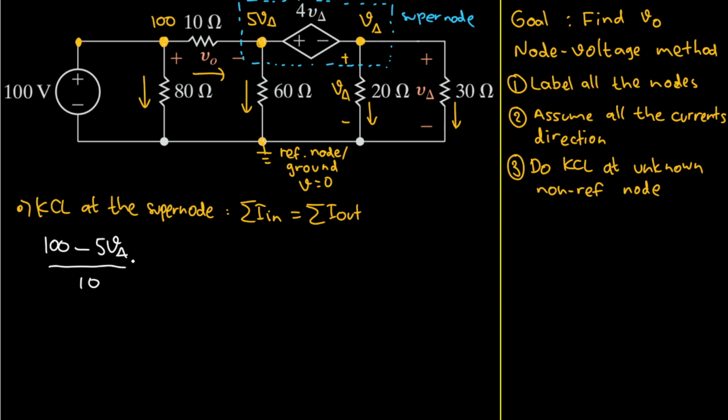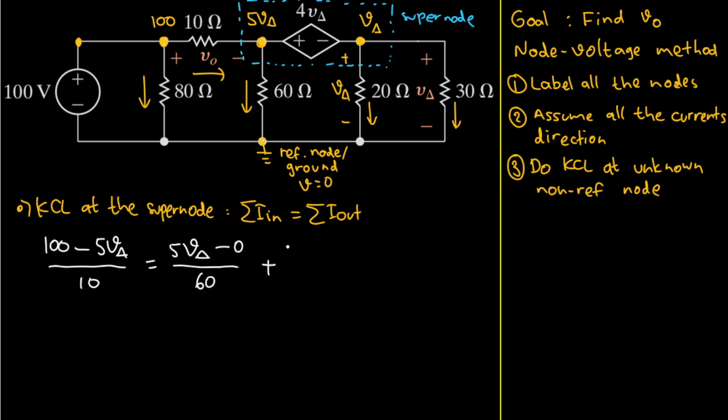So what can we do from here? We can do this one here. The current comes from 5 V delta, so I'll have 5 V delta, and then the current goes to the reference node, where the voltage is 0, so I'll have minus 0. And that will be divided by the resistance between them, which is 60. Good. And then what can we do next? Here we have that one.